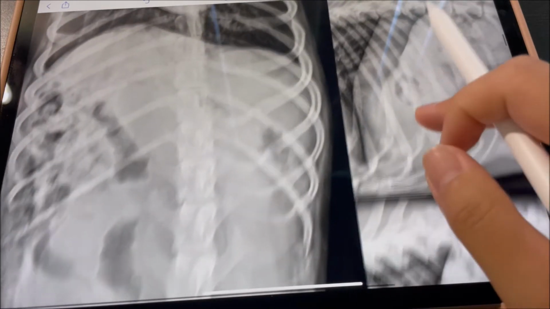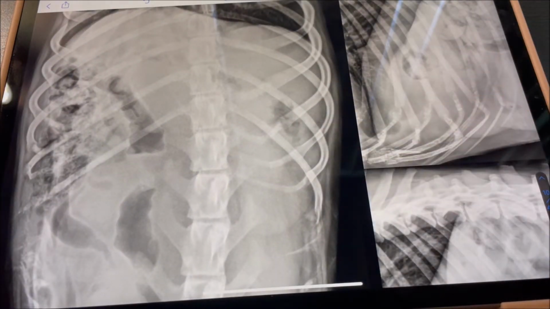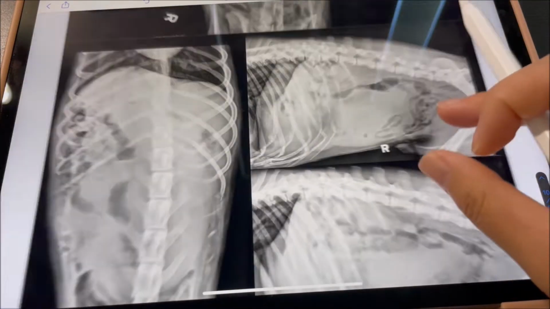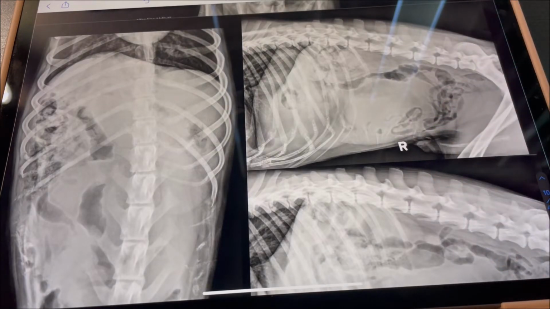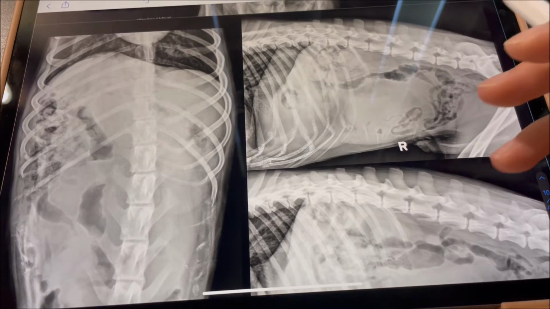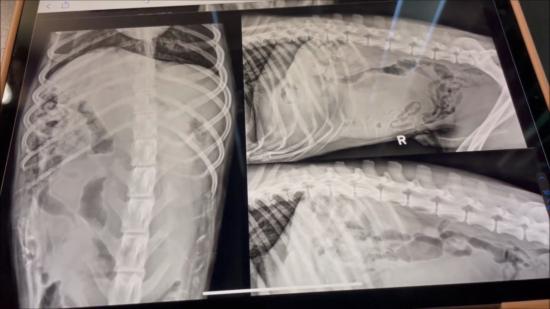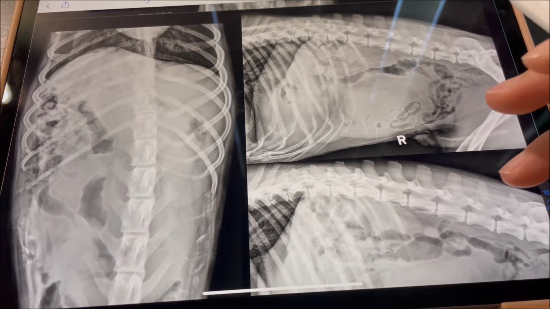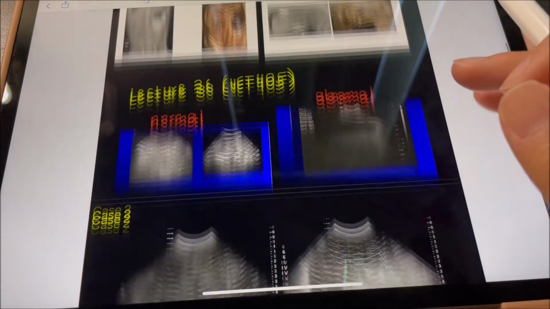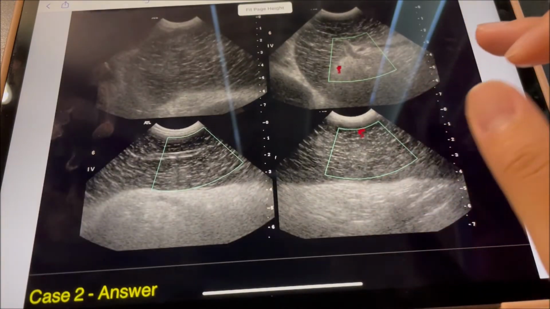Also in the DV view, we can't really see it well. So if this is neoplasia, what tumor often affects the spleen? Hemangiosarcoma.